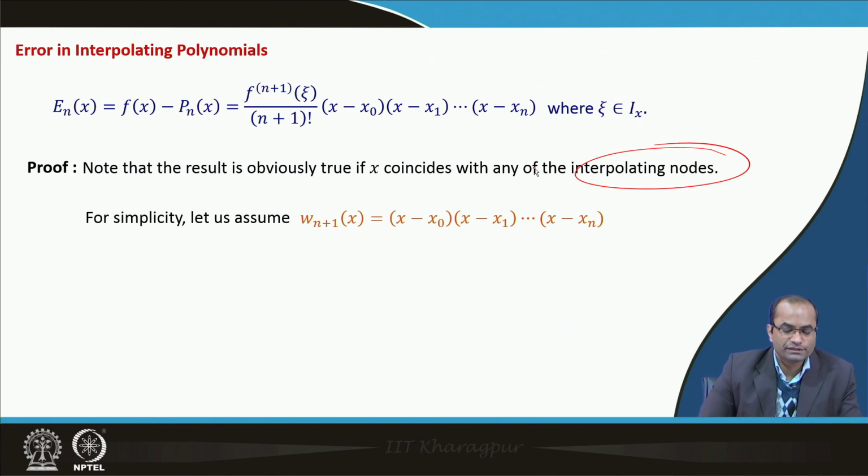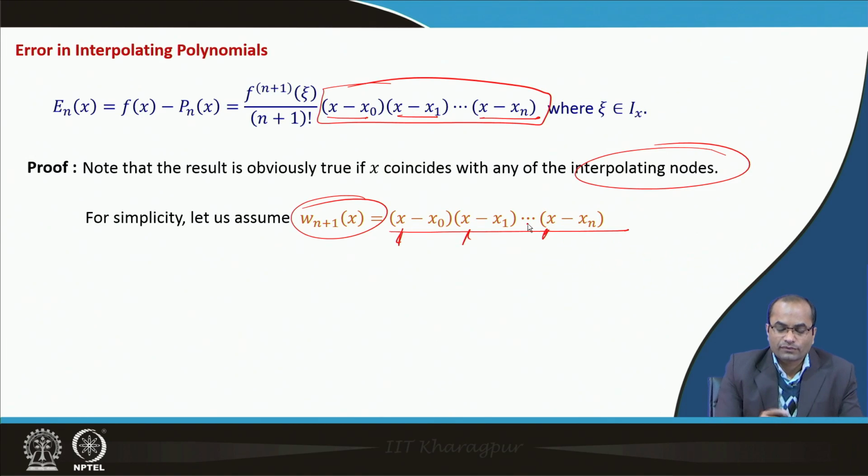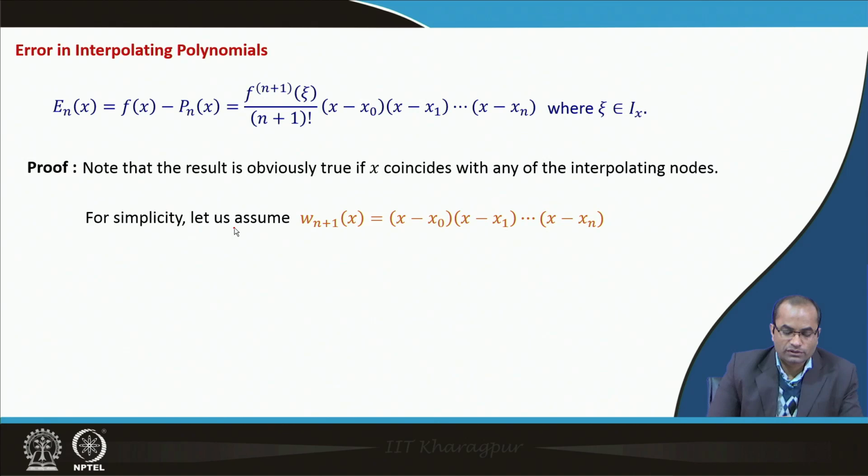And now, for simplicity we assume, because there was a lengthy product here, (x minus x0), (x minus x1), ..., (x minus xn), this product we are denoting with w_{n+1}. n+1 is actually the degree of this polynomial, because this product is nothing but a polynomial, and the degree of this polynomial is n+1. So, we are denoting this by w_{n+1}.